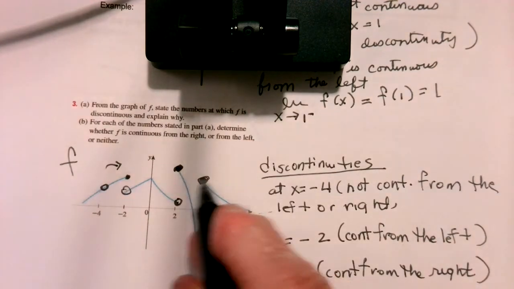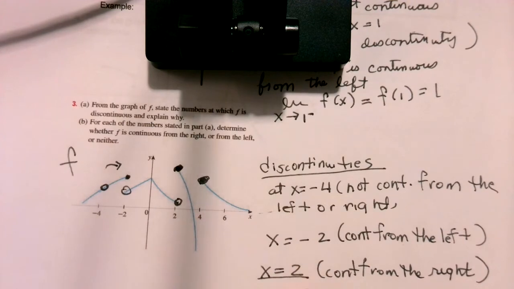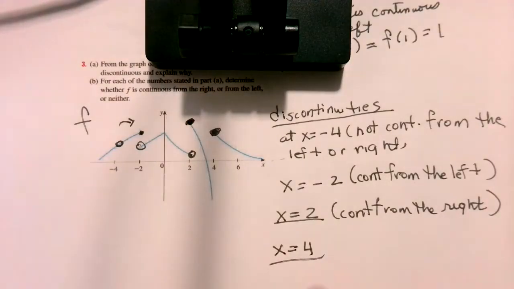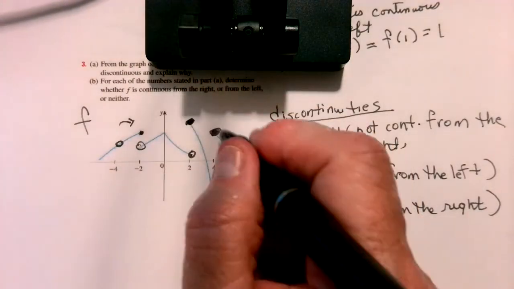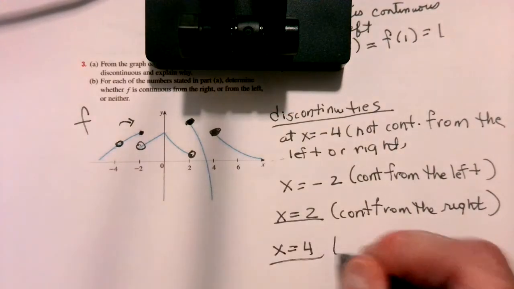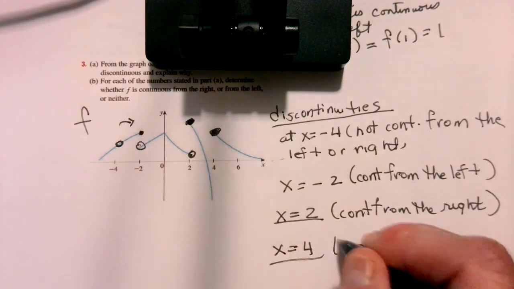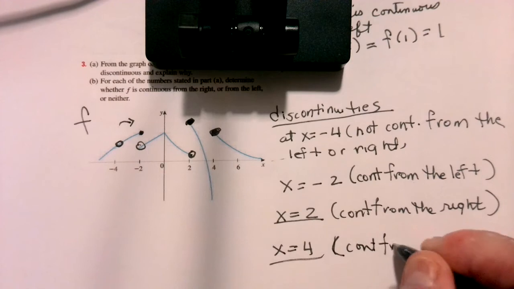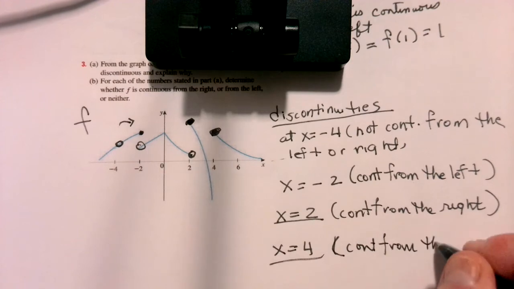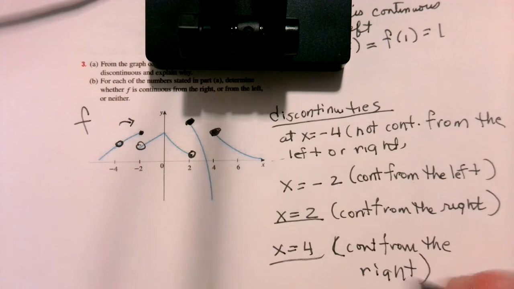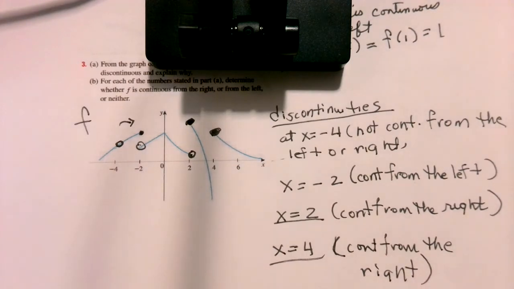And then the next place there's a discontinuity is at x equal 4. And at x equal 4, it's also continuous from the right. Okay.